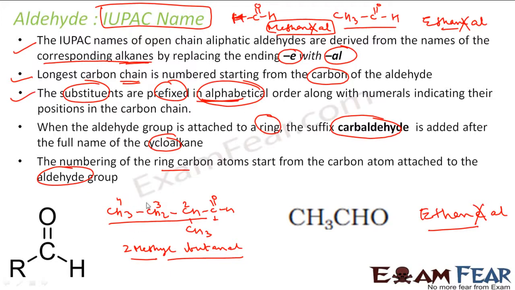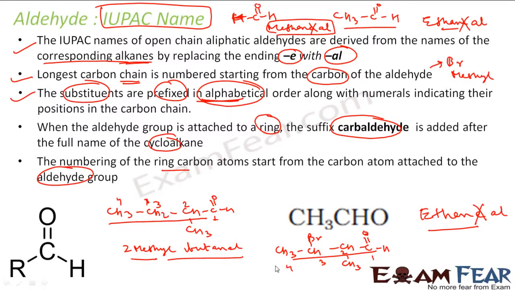For example, in the same scenario, I have, let's suppose, a bromine here. Or let me draw a new structure actually. I have CH3, CH, here I have Br, CH, CH3, COH. Again, this is the longest chain, let's number from here. 1, 2, 3, 4. So I have at 3 bromine, and at 2, I have methyl, right? See, I have bromine, I have methyl, right?